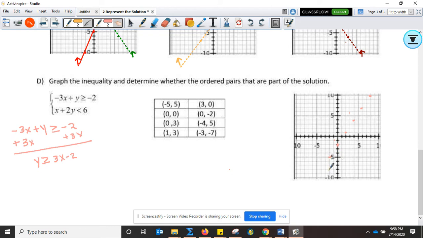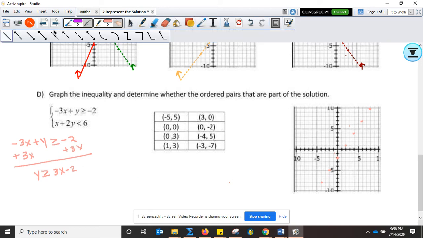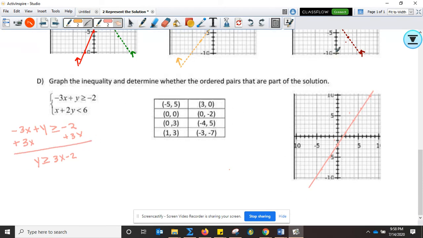All right. And I'm going to graph that as a solid line because it's greater than or equal to. And it's right here. Okay. And we are shading above. It's greater than, so we're shading above. So it's going to be up here in this region somewhere.